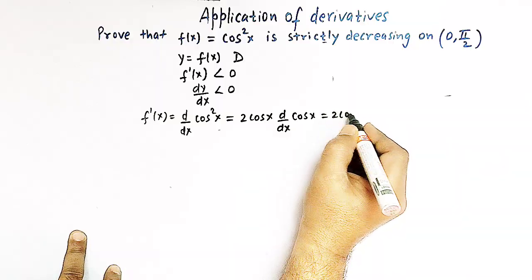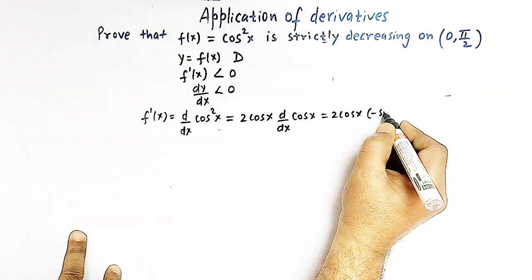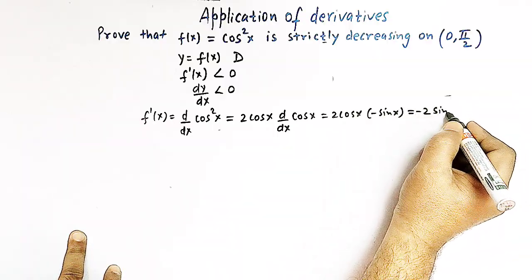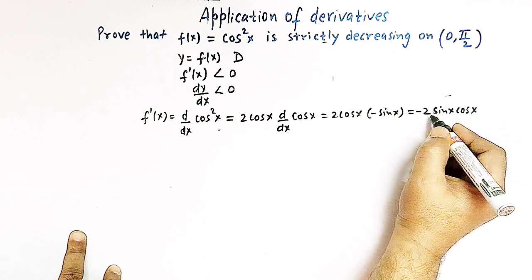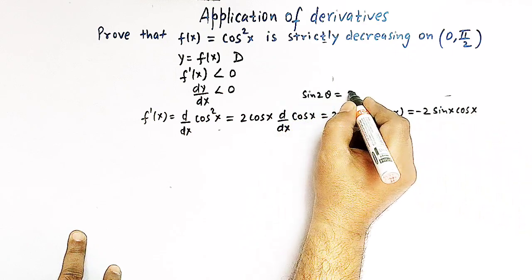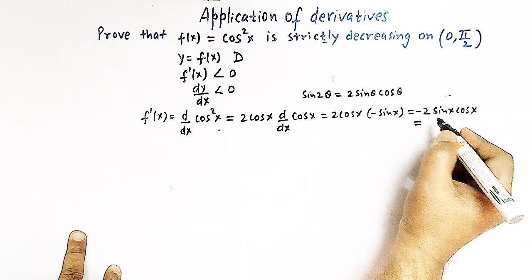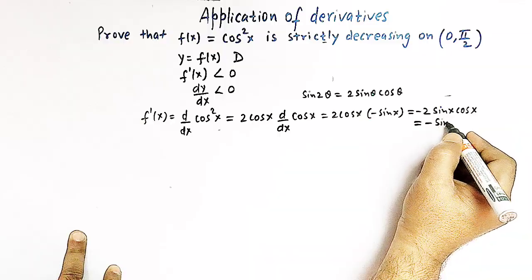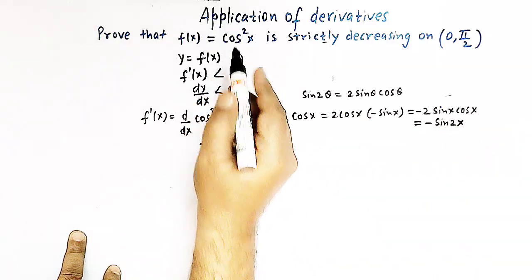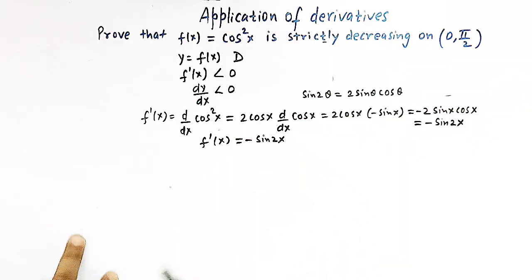So we have 2 cos x, and here the derivative of cos x is minus sine x. So we have minus 2 sine x cos x, and from the trigonometric identity sine 2 theta is 2 sine theta cos theta, here we have minus sine 2x. So the derivative of this function is minus sine 2x.